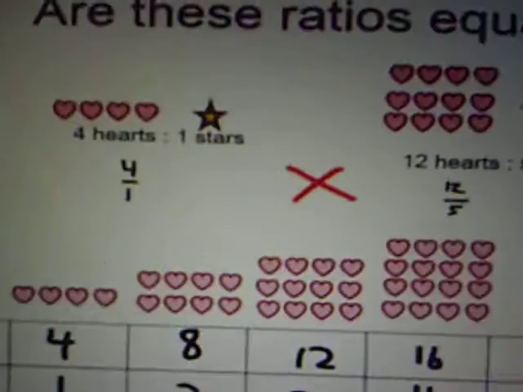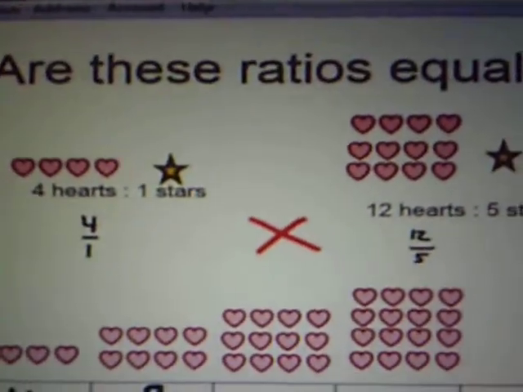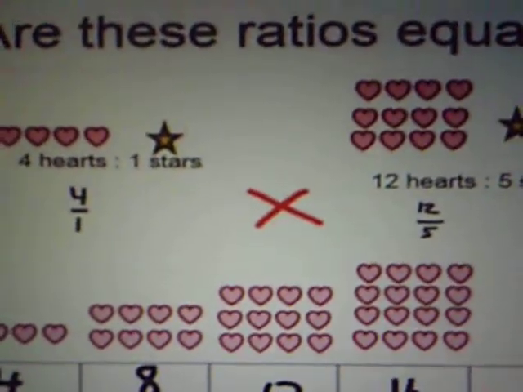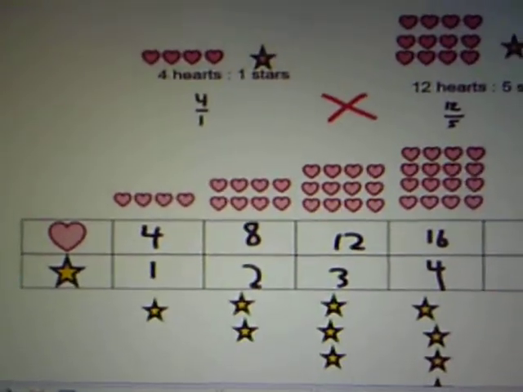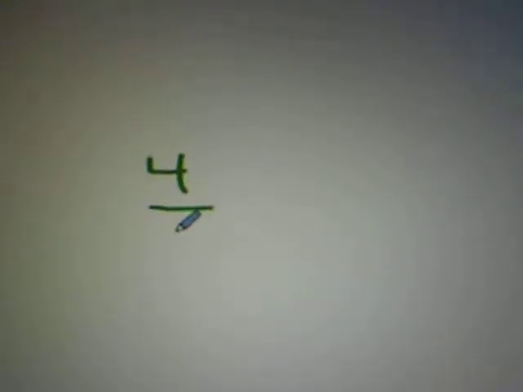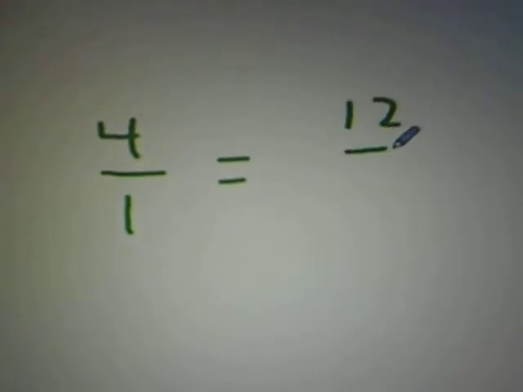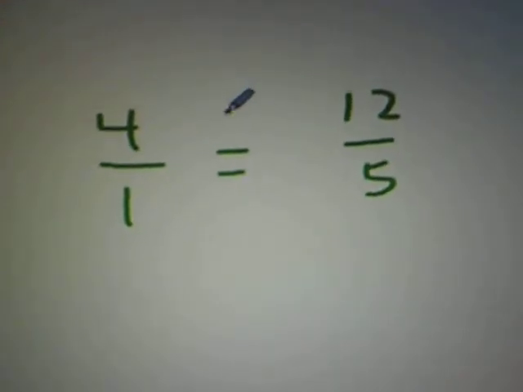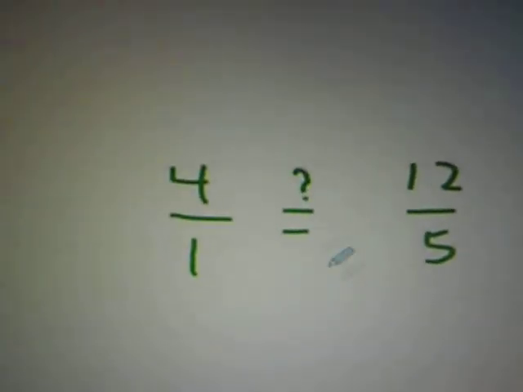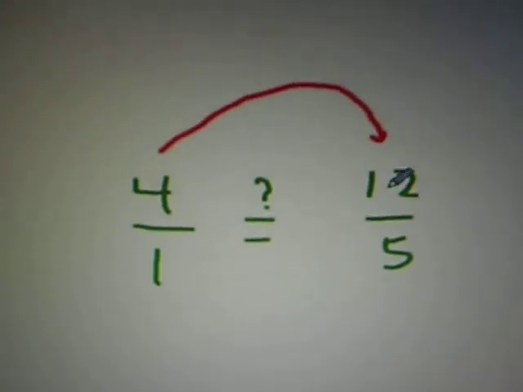But then let's look at our second problem. We looked at 4 hearts to 1 star and 12 hearts to 5. Was 4 to 1 equal to 12 to 5? And we determined through the ratio table that 4 to 1 was not equal to 12 to 5. But let's look at it this way. Is the ratio of 4 to 1 equal to the ratio of 12 to 5? Let's see. And I'm going to put a question mark because I don't know if it's equal. Well, we do, but we're going to figure it out. So first, 4 times what gives you 12?